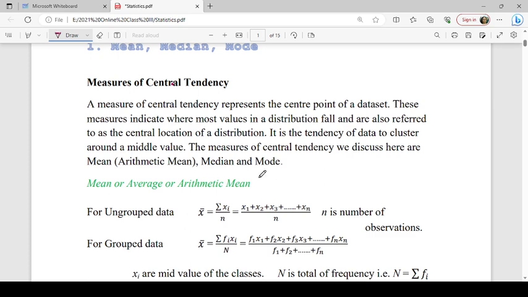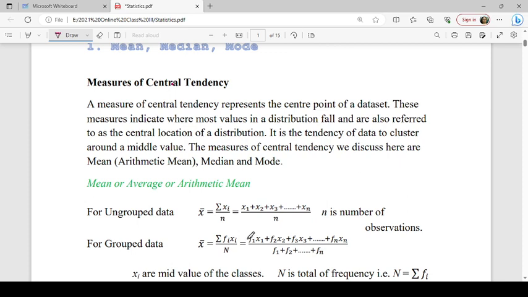So this mean, median, mode, this is the formula for mean. Mean is: add all these xi and divide by the number of observations. This is for ungrouped data. And when we form a frequency distribution table, we make some classes and respective frequencies. We have all this in the school syllabus; you studied frequency distribution tables.